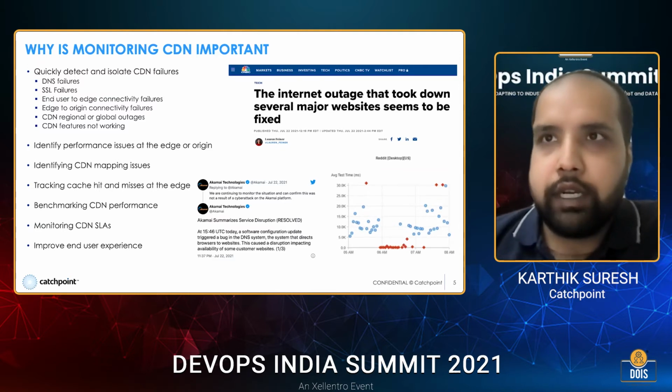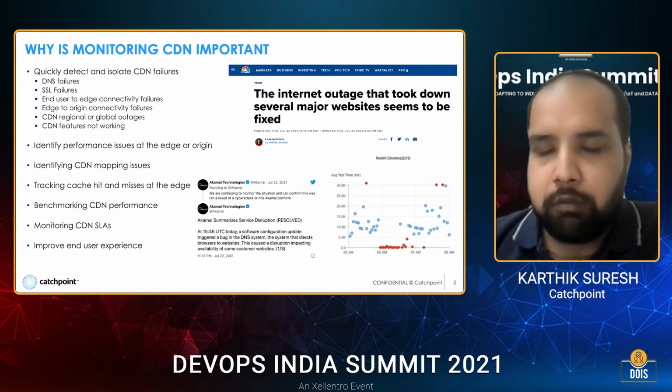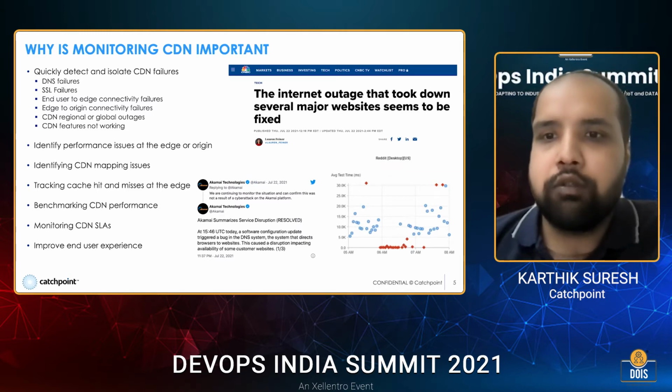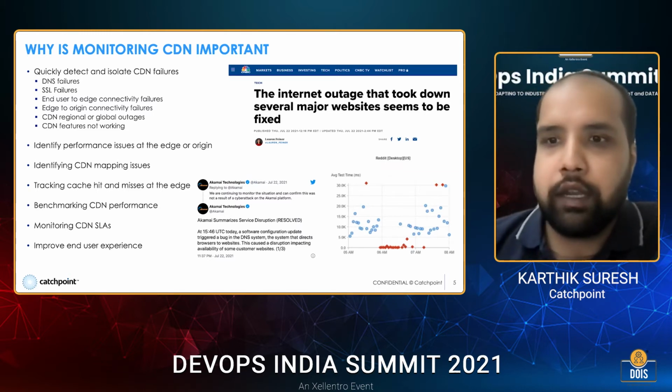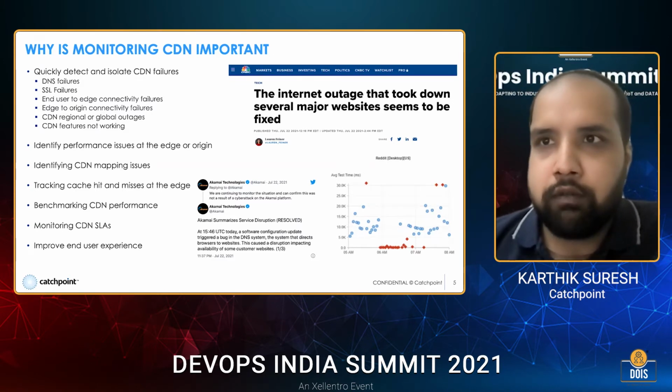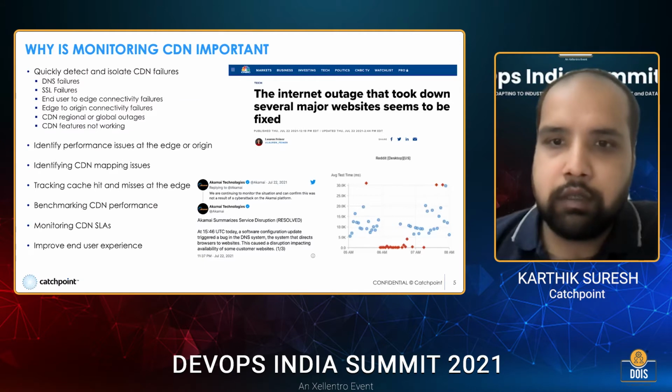Both CDNs did acknowledge the failures and inform their customers promptly. They tried to restore the services as early as possible, but users were not able to access the site during this time, which impacted a lot of other services and businesses.